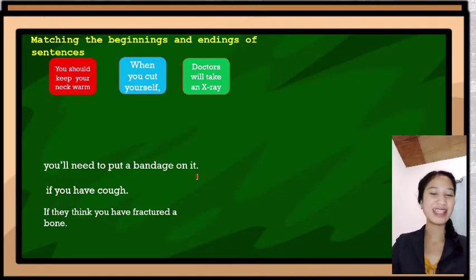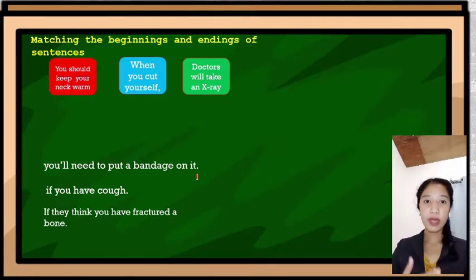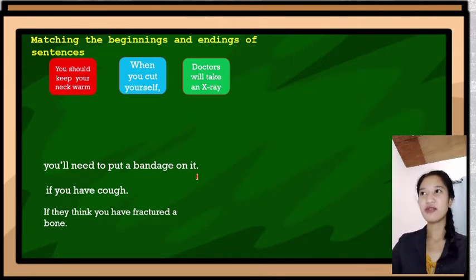That's how we match, and that's how we learn grammar. Because grammar is how we make things work, how we produce words that are very understandable. That's it. This one does not fit the first box.